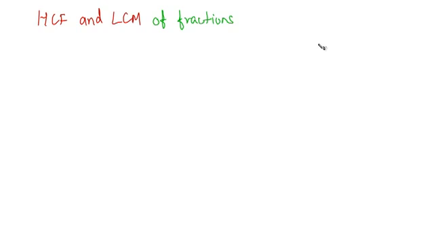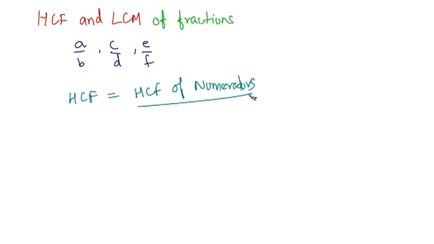Okay, now let's move on to our next topic. How do you find the LCM and HCF of fractions? That is, if you have fractional numbers like a by b, c by d, and e by f, how do you find the LCM and HCF of these three numbers? Well, we have a formula for this. HCF of fractions is equal to the HCF of numerators divided by the LCM of denominators.